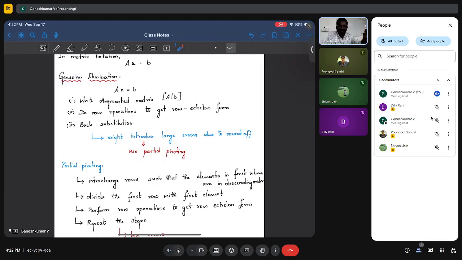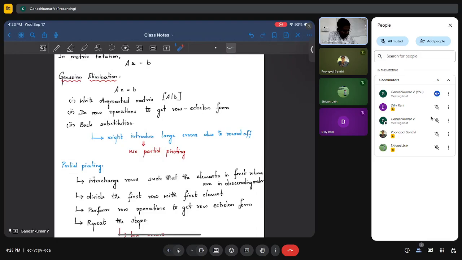But you cannot directly put 0 everywhere, so you do row operations step by step to reach that. Once you get the row echelon form, you can find the last value by back substitution. From the back, you keep substituting the values you know, and slowly reach the first equation which has all the unknowns. That is the overall idea.